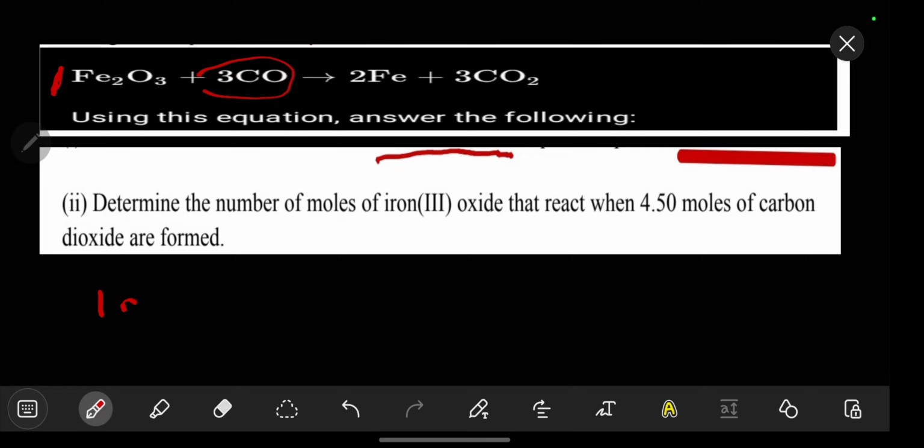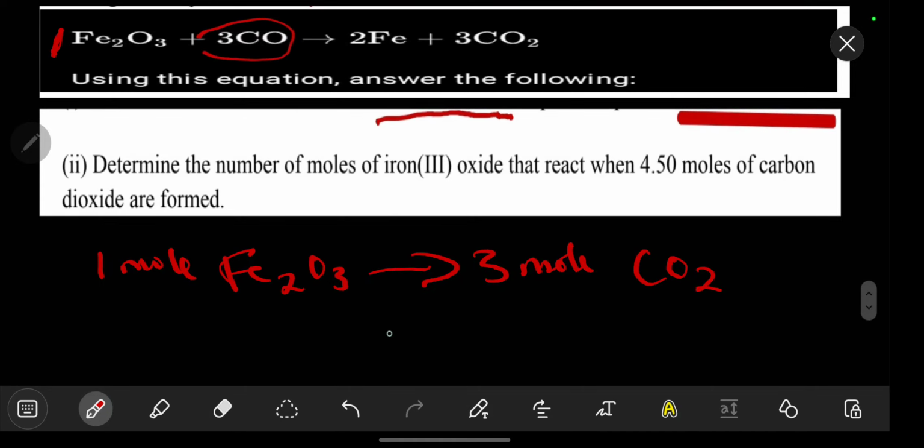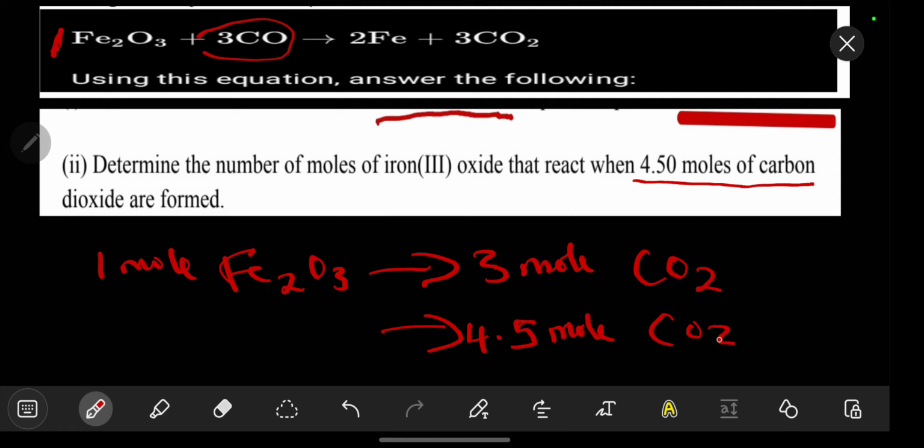So 1 mole of iron(III) oxide should give you, according to the equation, 3 moles of CO2. Then you say, what if you have produced 4.5 moles of CO2? You put your 4.5 where CO2 is. Here, you don't know how much can be used, so you say X.